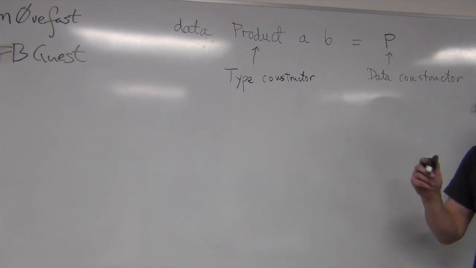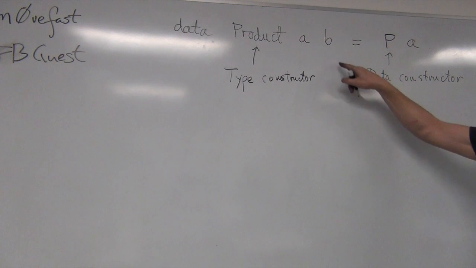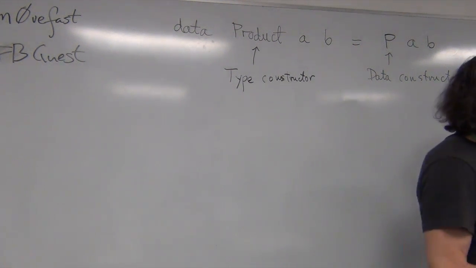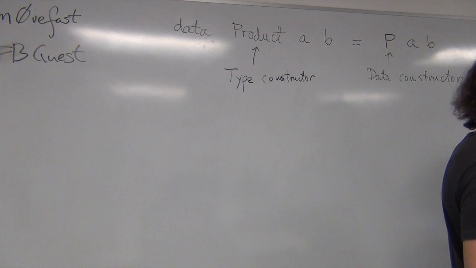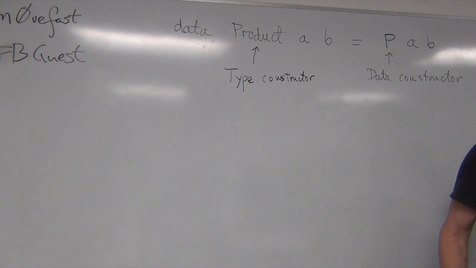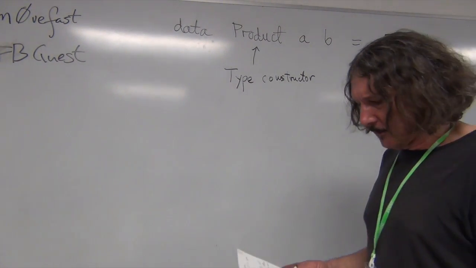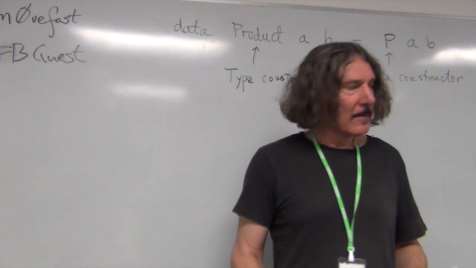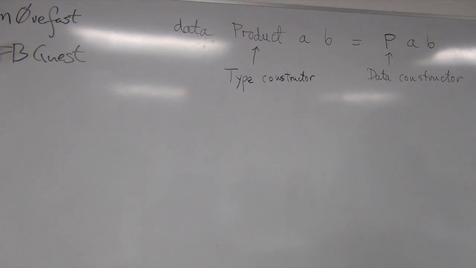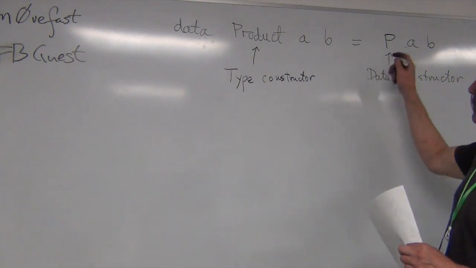One value of type A, this one, and one value of type B. Okay? Oh, okay, great. So in the interactive environment, you can actually ask the compiler, what is the type of P? What is the type of this guy P?